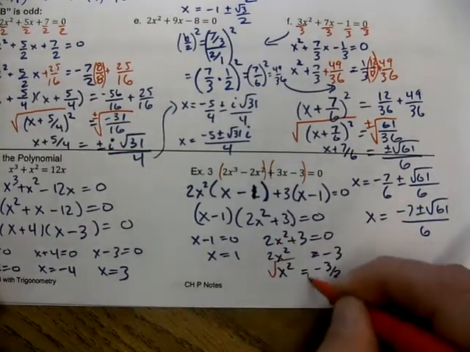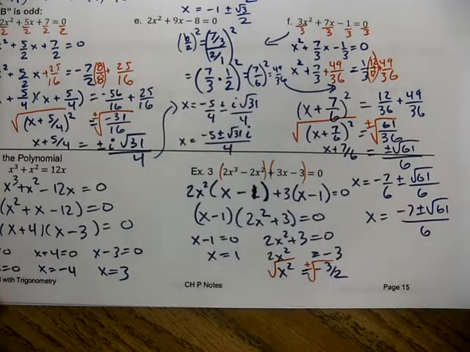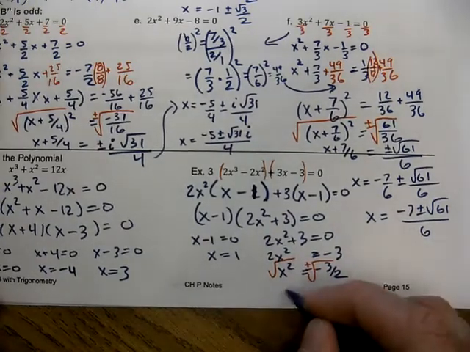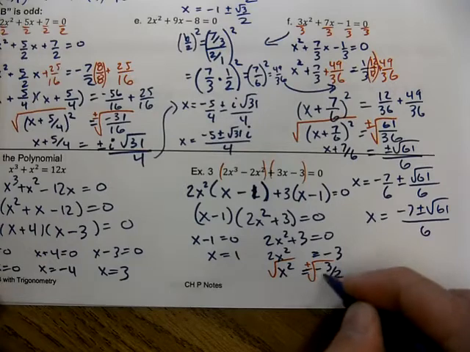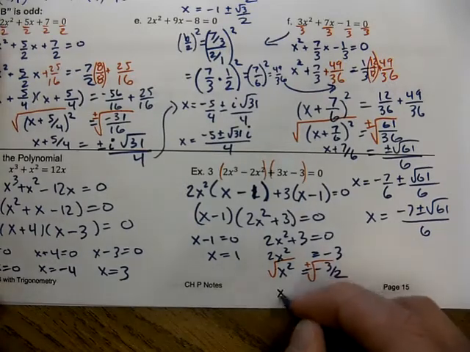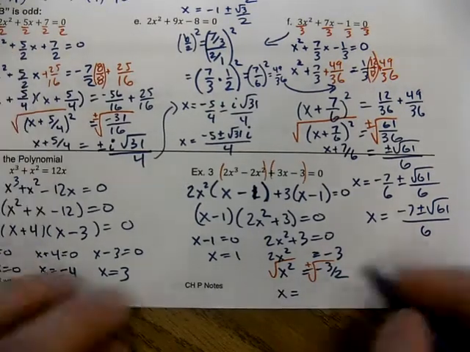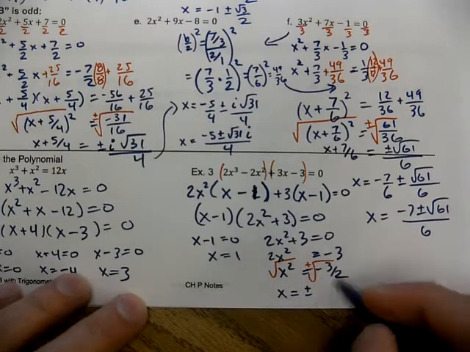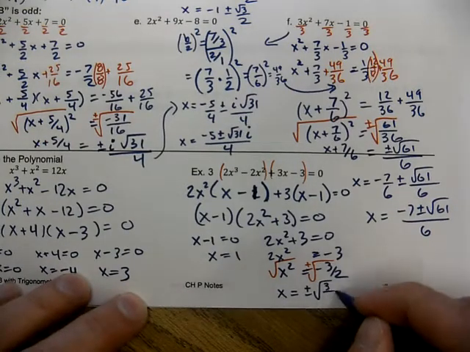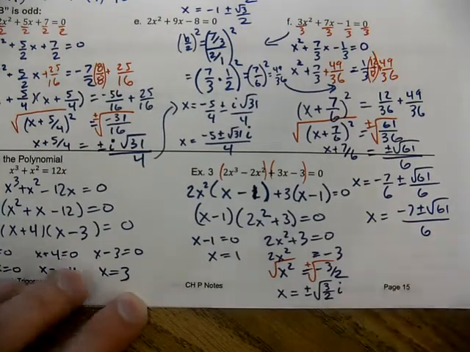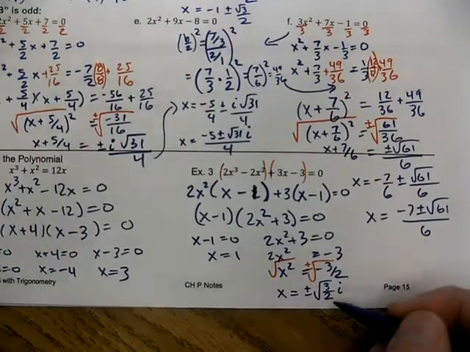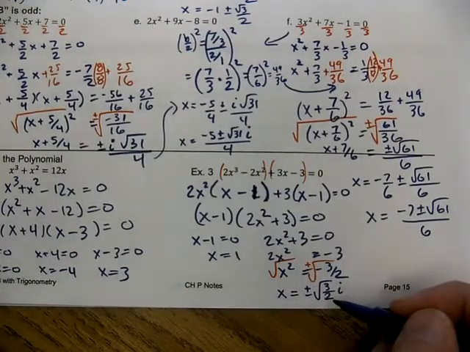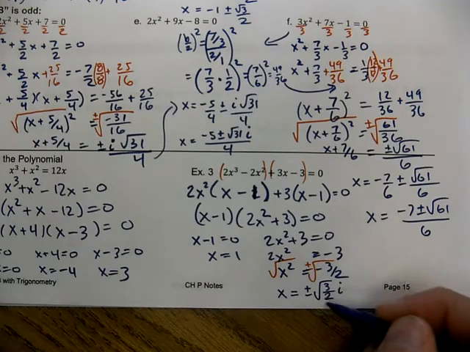And then we're taking the square root of both sides. Don't forget your plus or minus. And again, we have that negative 1 in there that will turn to the imaginary i. So we get x equals plus or minus that square root of 3 halves. And we have an i floating around here as well. But we can't stop here. We can't leave it in this format because we can't have a radical in the denominator.